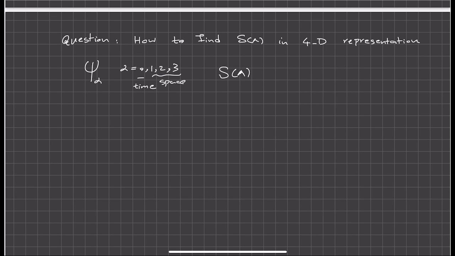So this lambda is the Lorentz transformation. This Lorentz transformation can be infinitesimal, so the lambda can be written as the identity plus some infinitesimal omega transformation.